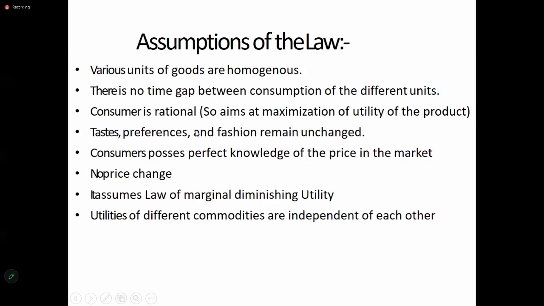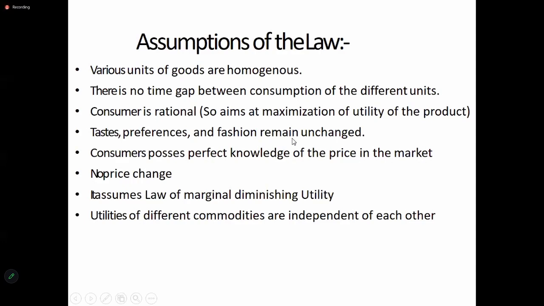The consumer is rational, so the aim is to maximize utility. Taste, preference, and fashion remain unchanged. Your fashion, taste, and preference today are not the same tomorrow, but in this law of diminishing marginal utility we assume they remain constant. Consumers possess perfect knowledge of the price in the market, but normally it is not like that.